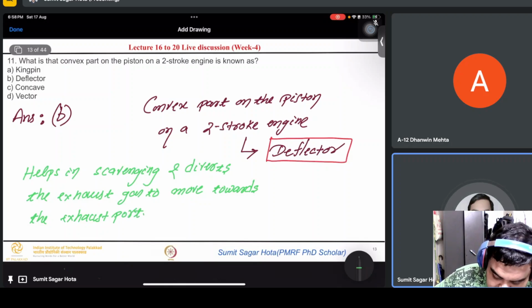It helps in scavenging and diverts the exhaust gases to move towards the exhaust port. This is the importance of the deflector.